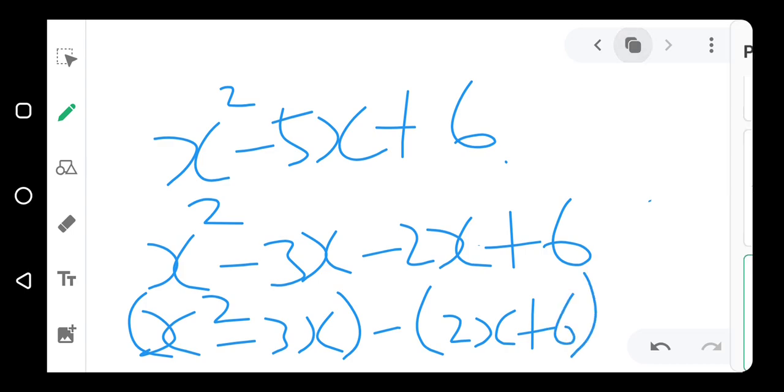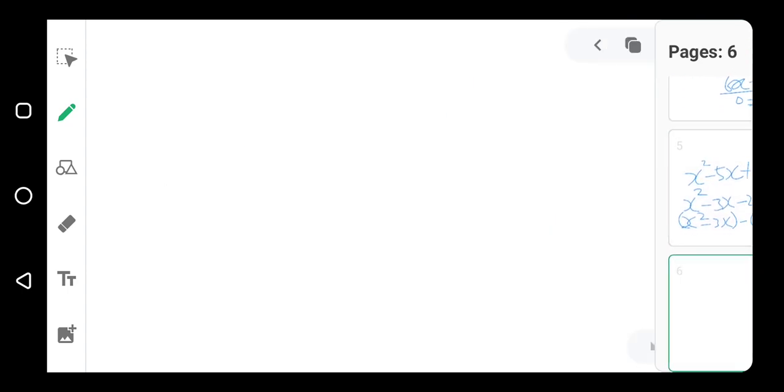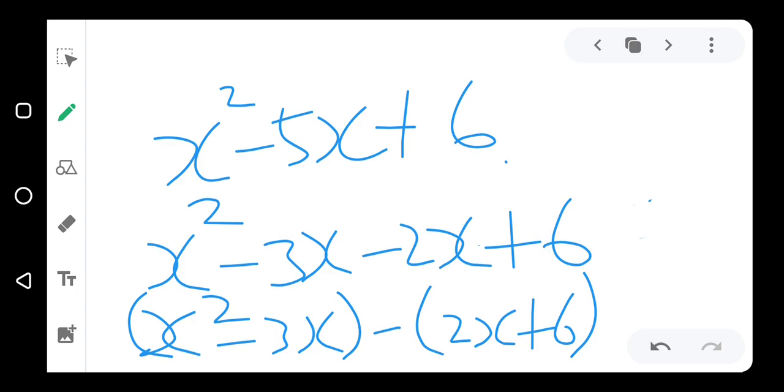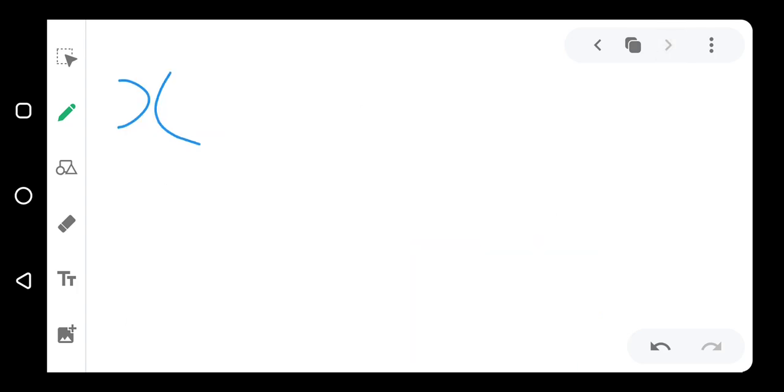In the first one, x is the common factor between x raised to the power 2 and 3x. We can bring x out. x squared divided by x, we get x, and 3x divided by x, we get minus 3.